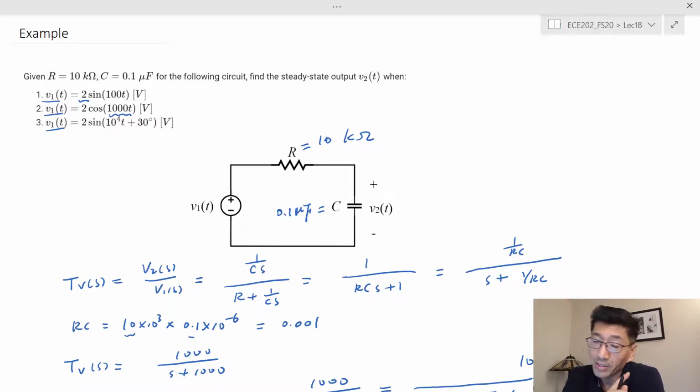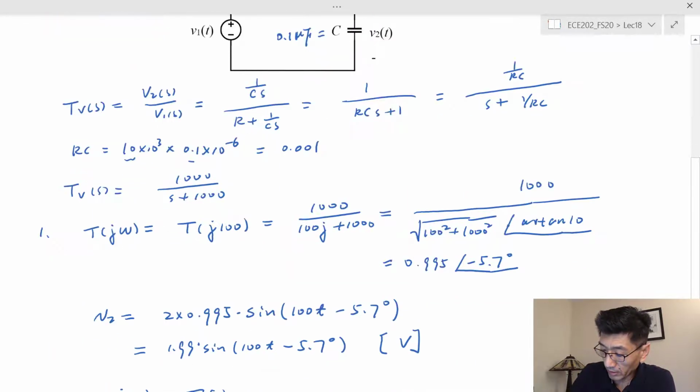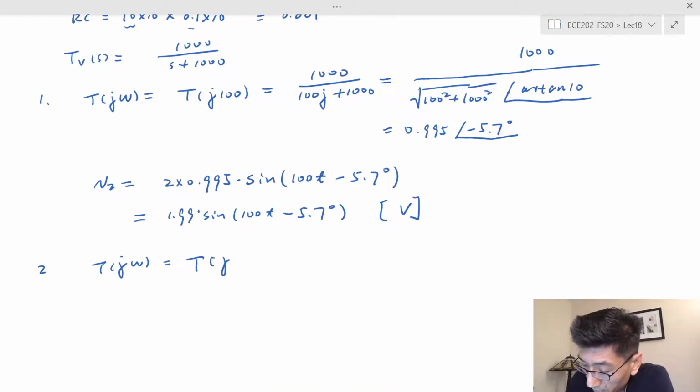Make sure you distinguish between hertz and radians per second. If we convert to hertz, this is 1000 divided by 2 pi, which divided by 6.2 is close to 150 hertz.